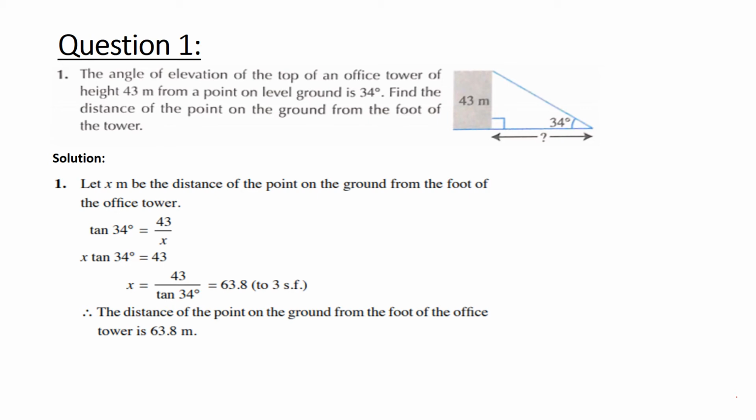Let us suppose it x. So in short, tangent 34 will become 43 over x. By simplifying, we will get the value of x, that is 63.8 to 3 significant figures. This will be the distance of the point on the ground from the foot of the office tower, 63.8 meter.